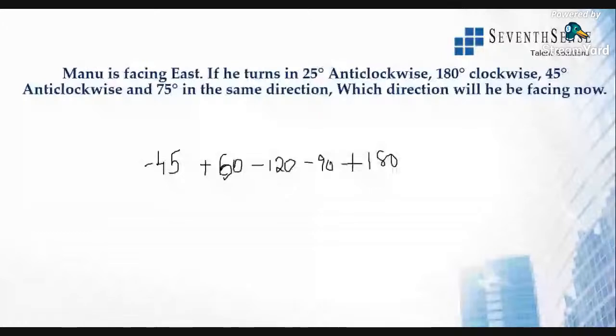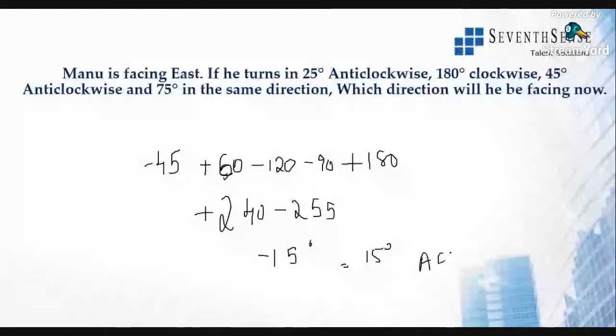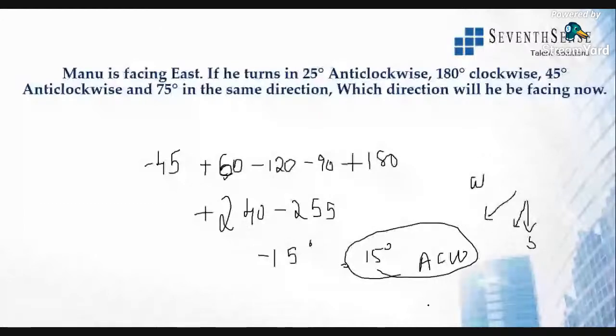So what will this be? 180 plus 60 is 240, minus 210 is 255. 255 plus 240 minus 255 will be minus 15. So this is nothing but 15 degrees anti-clockwise. 15 degrees anti-clockwise from south, it will be between west and south. So the answer will be southwest.